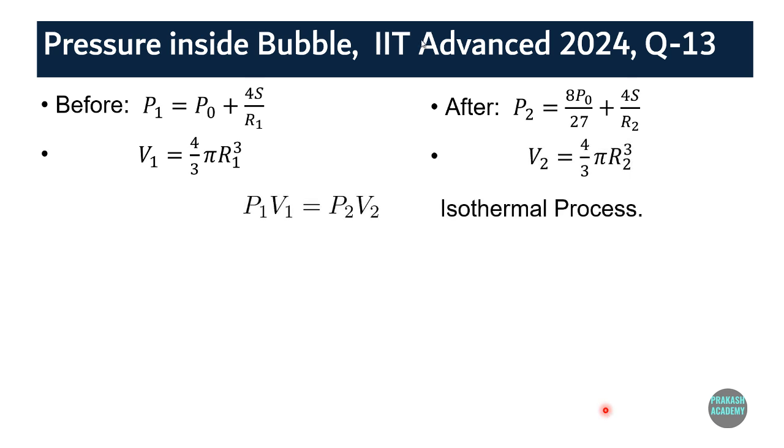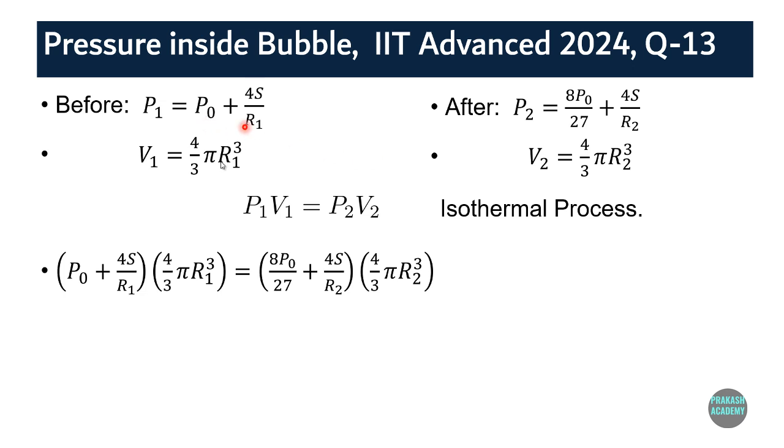So we can apply P1 V1 equals P2 V2 because this is an isothermal process, temperature is constant, which means nRT is constant. Now if you remember, we said in the beginning that excess pressure is much smaller than the chamber pressure.